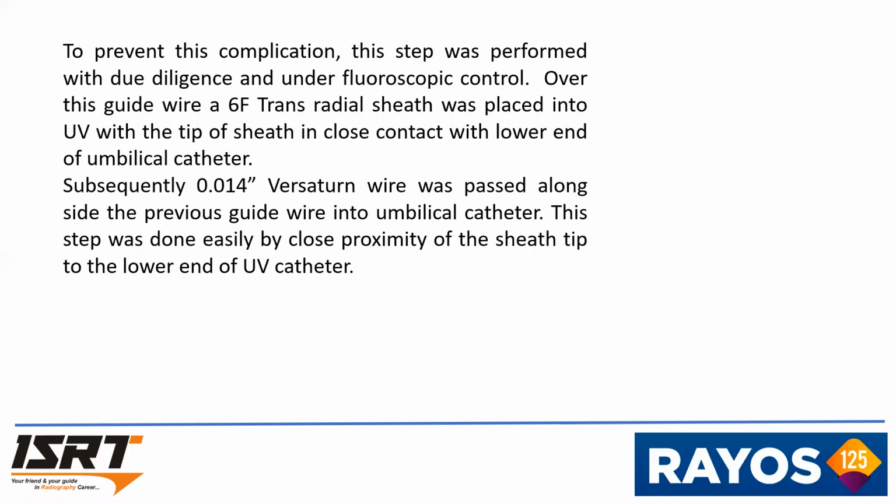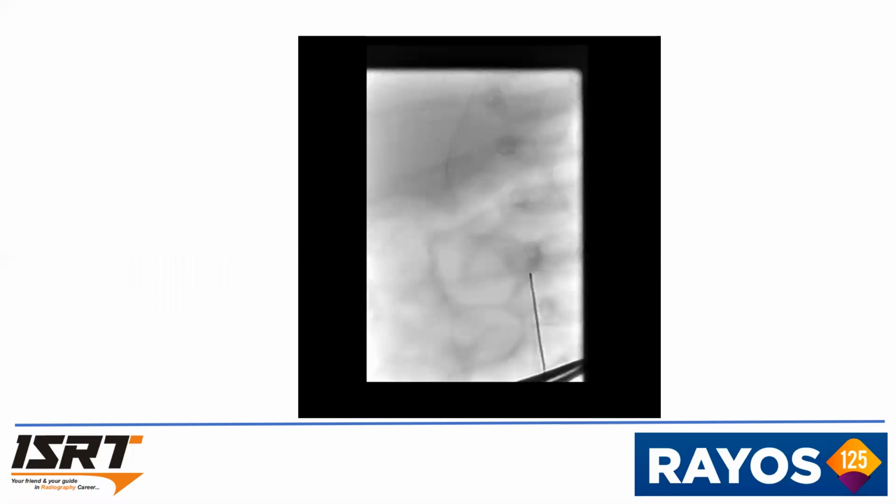This step was done easily by close proximity of the sheath tip to the lower end of umbilical vein catheter. You can see here, up to this point, there's the sheath. Using 0.025 guide wire, we could introduce the sheath. It was facing the umbilical vein catheter.